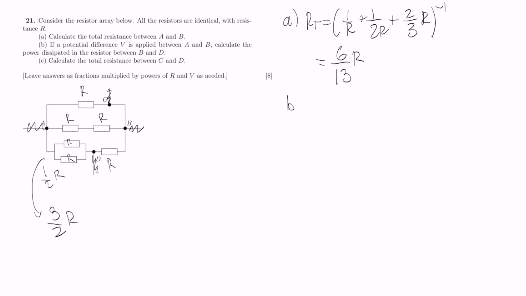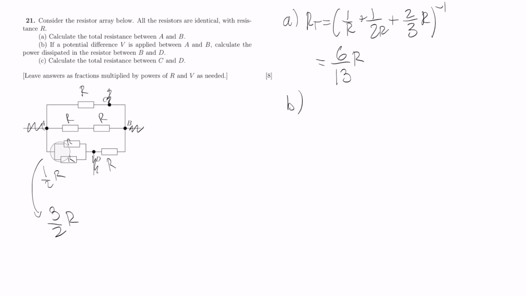Okay, part B, if the potential difference V is applied between A and B, calculate the power dissipated in the resistor between B and D. So how much power is going to be dissipated through here?